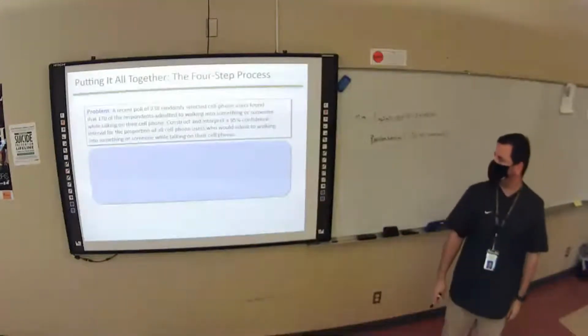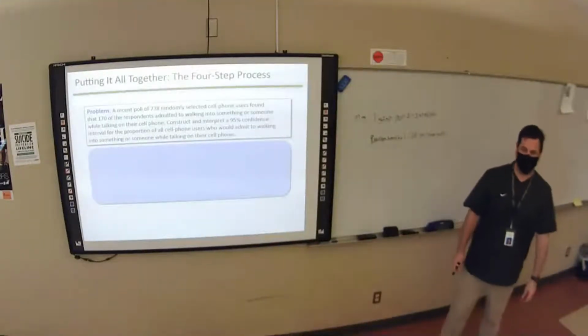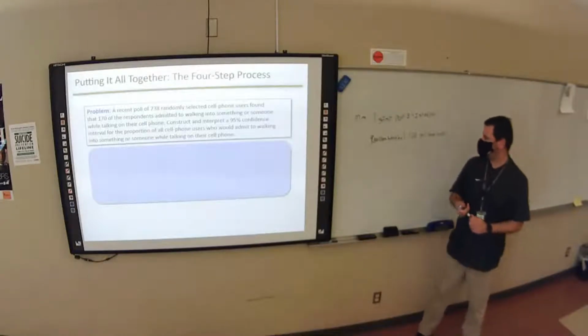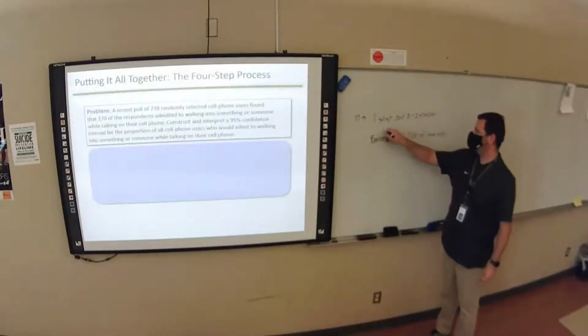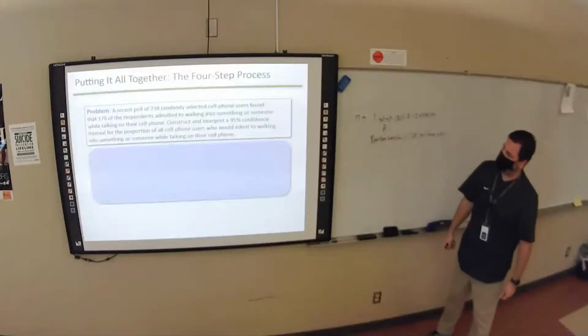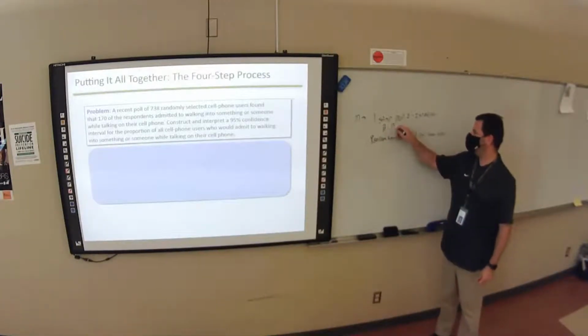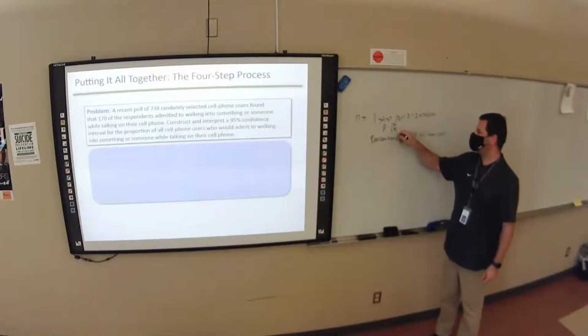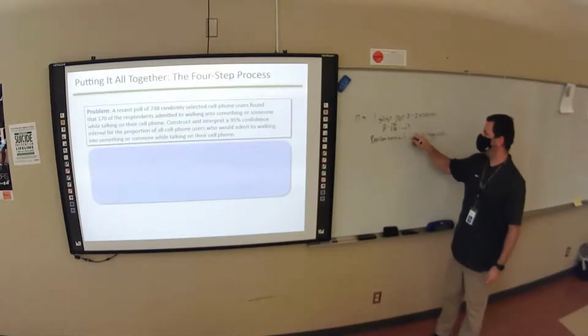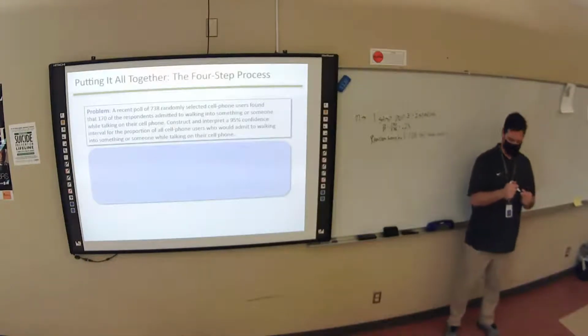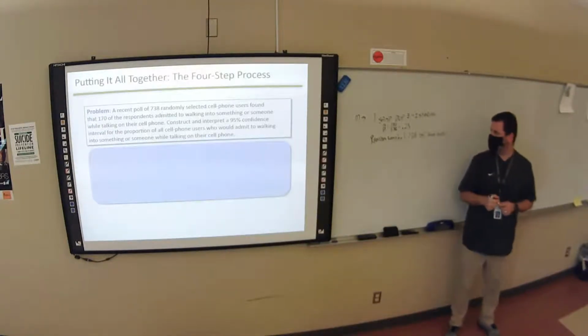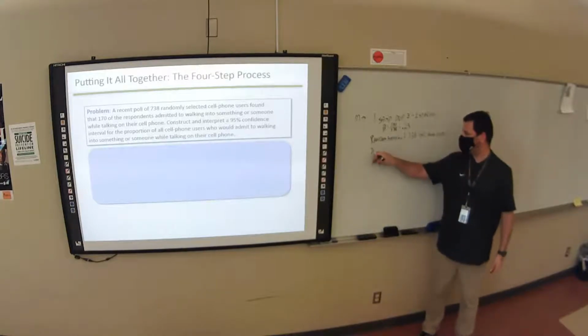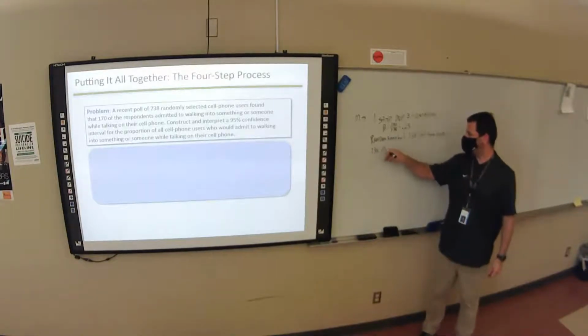What's the next one we need? We need to prove that it's approximately normally distributed. So the first thing I guess I probably ought to do is find out what p hat is. P hat is equal to 170 over 738, which I think is 0.23. 738 times 0.23. 738 times 0.6777.